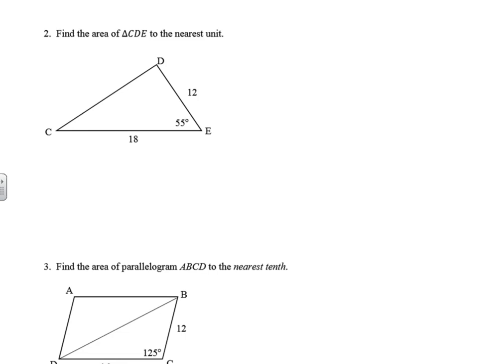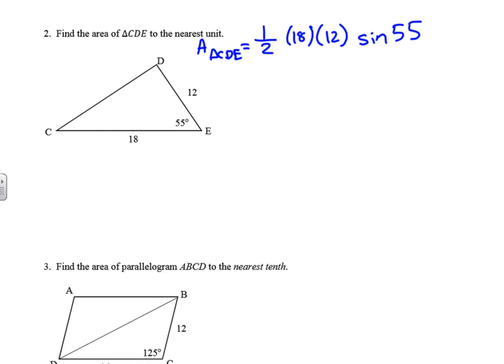Here it is again. Find the area of this triangle to the nearest unit. It's going to be 1/2 times 18 times 12 times the sine of 55. This would be the area of triangle CDE.